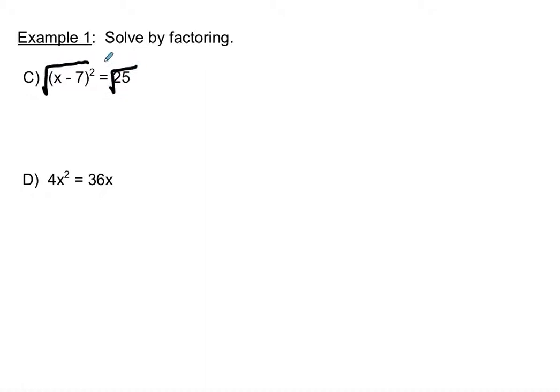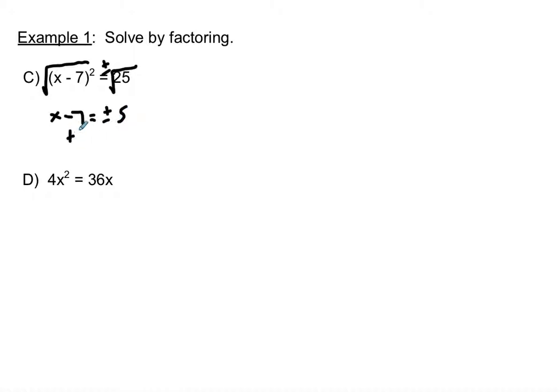When I take the square root of the right-hand side, I'm going to get a plus or minus. The square root and the square on the left-hand side cancel each other out, so you simply get x minus 7. And the square root of 25 is 5, so you get plus or minus 5.